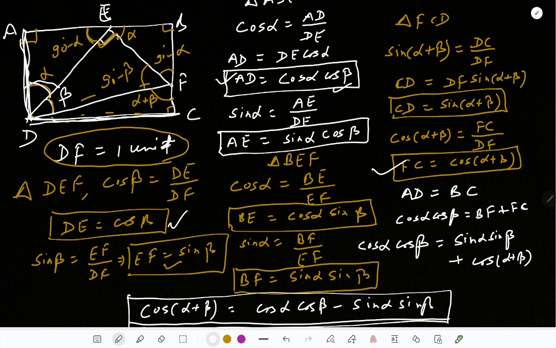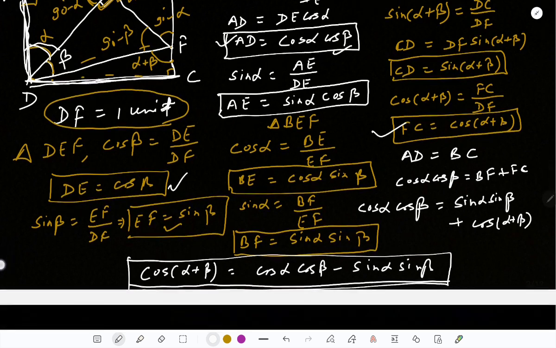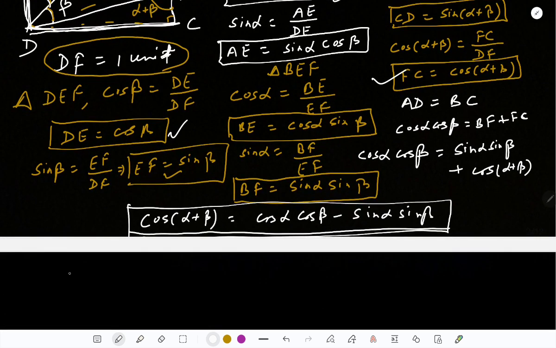And CD equals AB. Am I right? CD equals AB. And AB is AE plus EB. So I'm going to write here CD equals AB and AB equals AE plus EB.